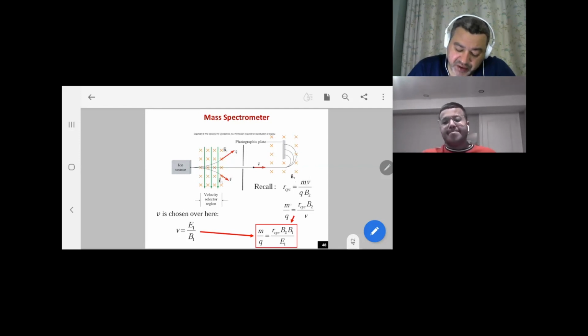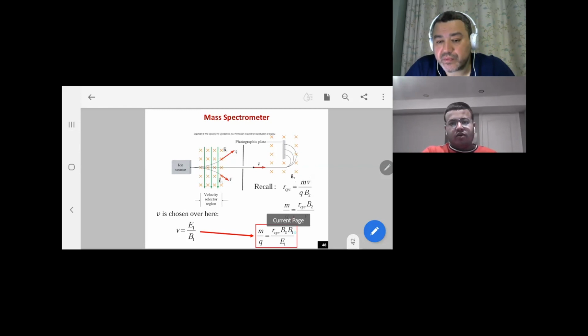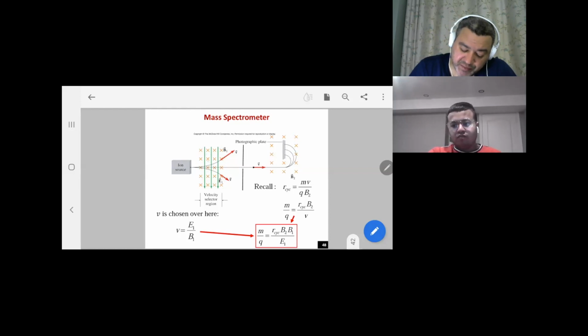Those are the magnitudes, and then I can calculate the mass to charge ratio by recording the distance here, which defines the radius, knowing the electric field, the magnetic field in the first region, and the magnetic field in the second region. The mass to charge ratio is the radius times the second magnetic field divided by the velocity.